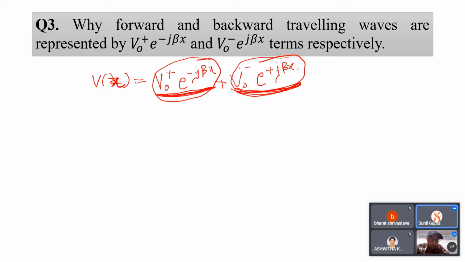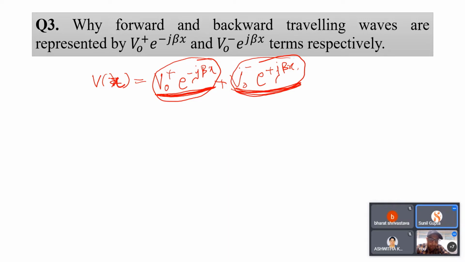Because if we plot this as a function of time, then we will see that as time increases, the first portion, e to the power of minus j beta x, if we plot that as a function of time, the wave is traveling.